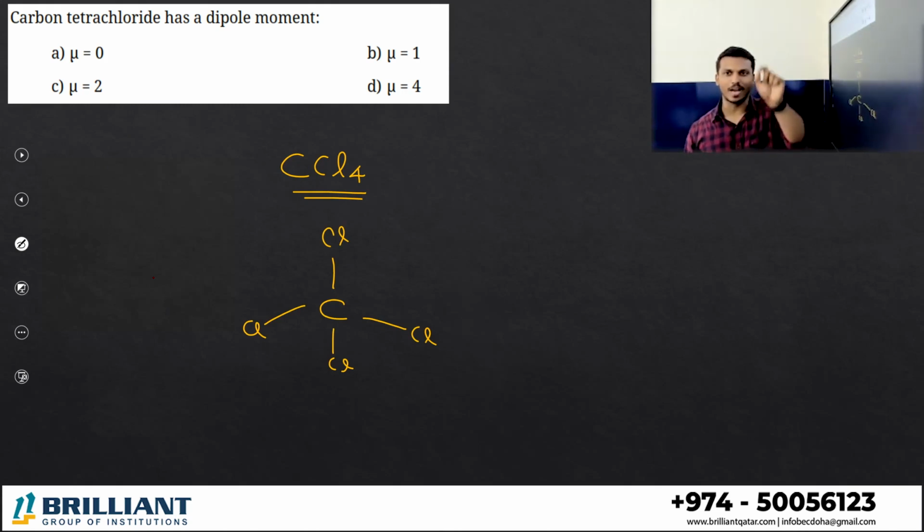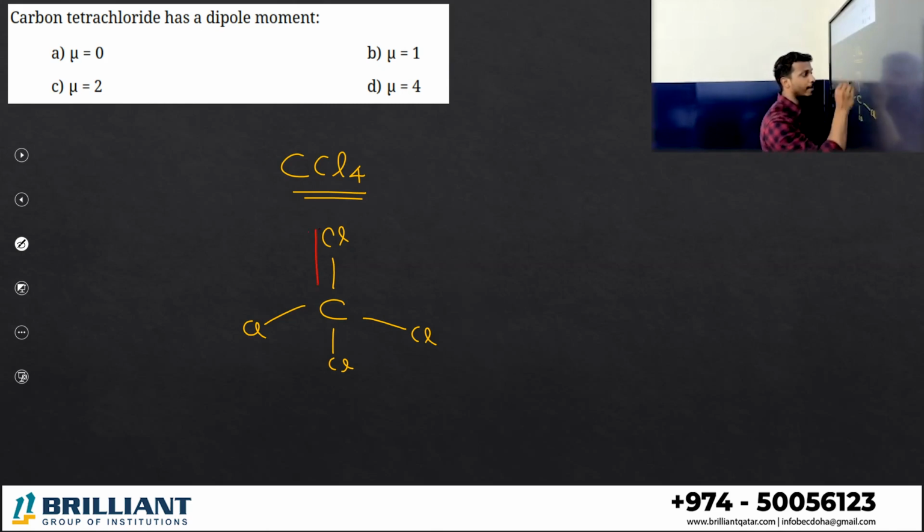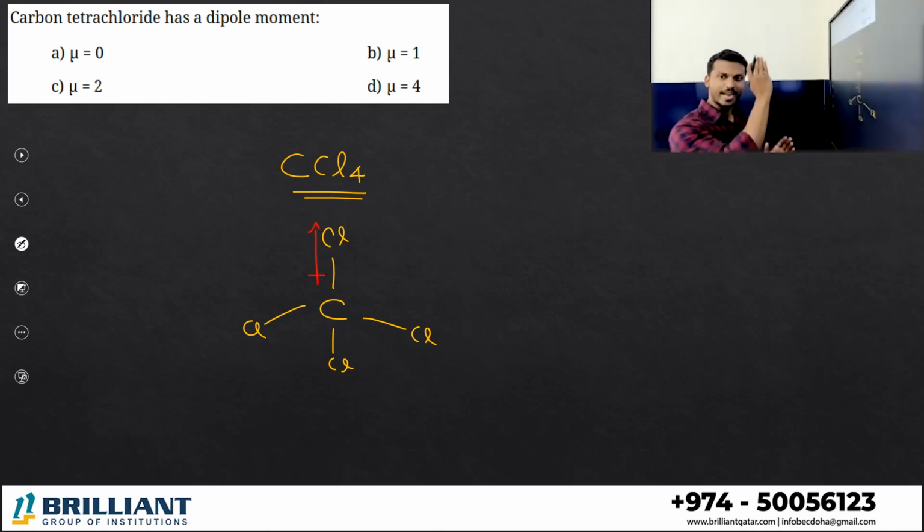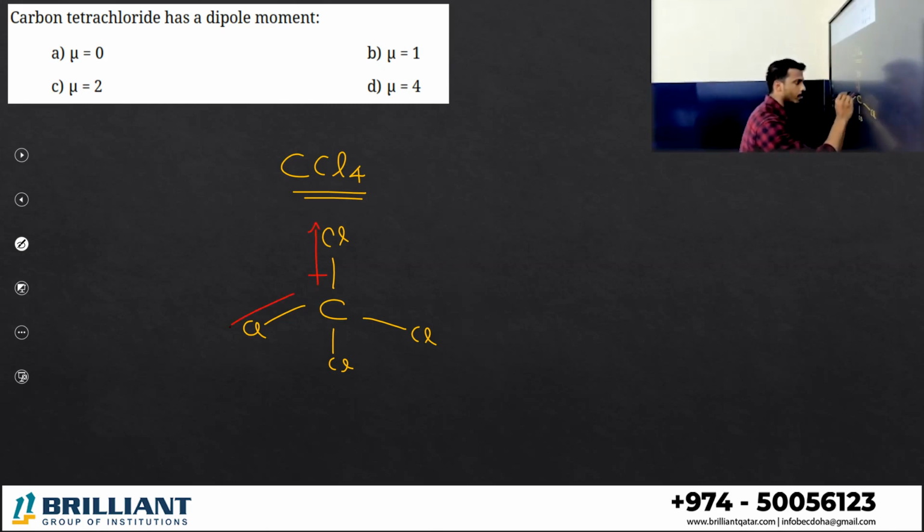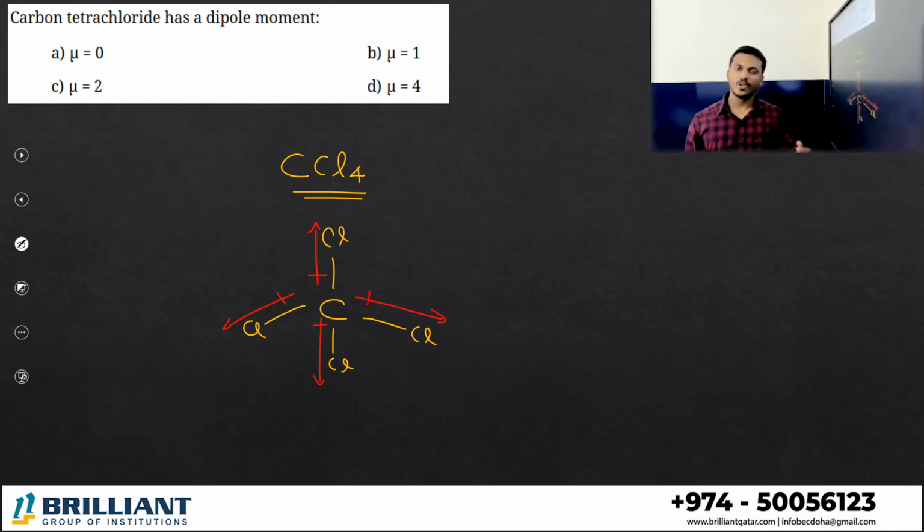You know how to draw the dipole moment. Chlorine is more electronegative, so you can draw the arrow towards that. So chlorine here, down, chlorine here, down, chlorine here. Or you can say, if it is a tetrahedral geometry, all the surrounding 4 elements are similar, their dipole moments will be 0. All of them will cancel each other. So this is the point, all of you.